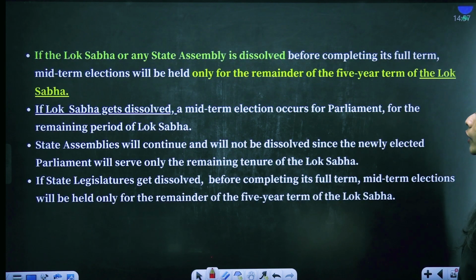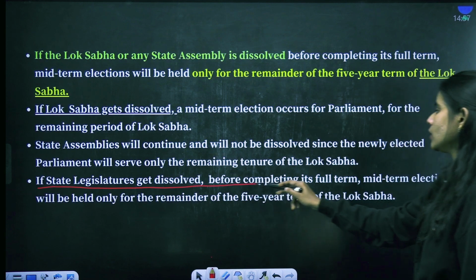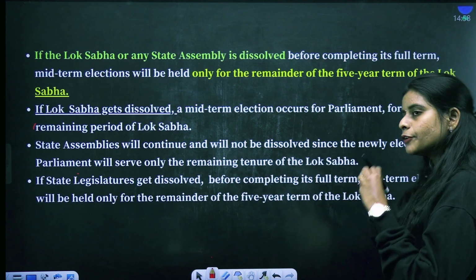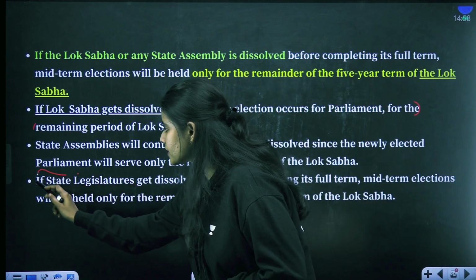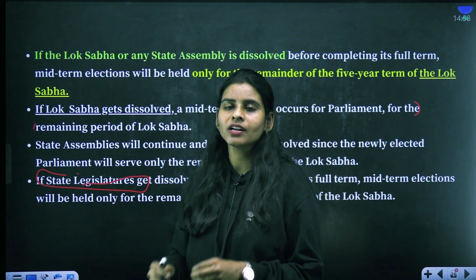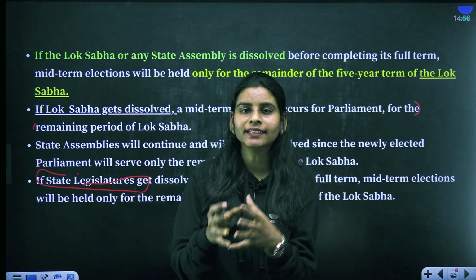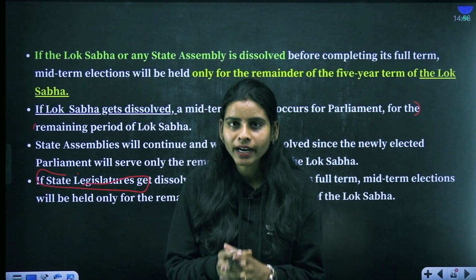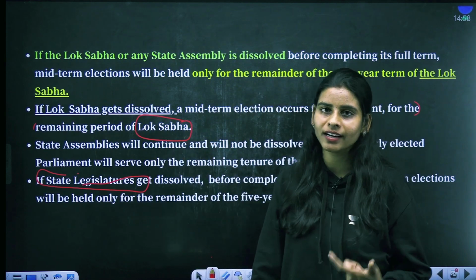But what is going to happen if the state legislatures get dissolved before completing their full term? So, what if the state legislatures get dissolved in between? If the state legislatures get dissolved in between, midterm elections will happen and the newly elected government can run only for the remaining term period of the Lok Sabha and not the state legislature.